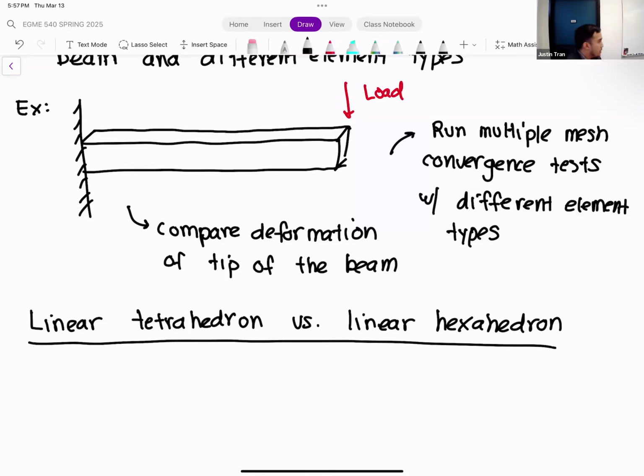So two linear elements, but one is the triangular element, the other is the rectangular element. Okay, so we know just based on the shape functions and everything that we've been discussing that the hexahedron is the superior element, and so we should get better convergence behavior with the hexahedron. But let's see what it actually looks like.